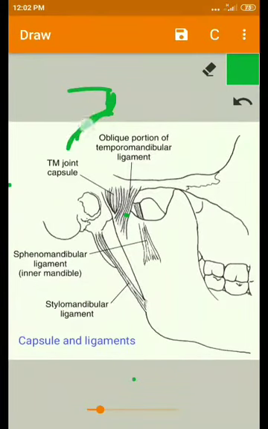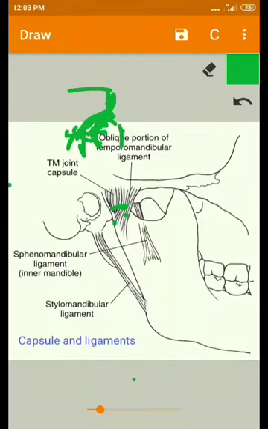The inferior lamina is attached to the neck of the condyle. So this horizontal portion is limiting the posterior motion of the condyle, so that it will not rotate more posteriorly.